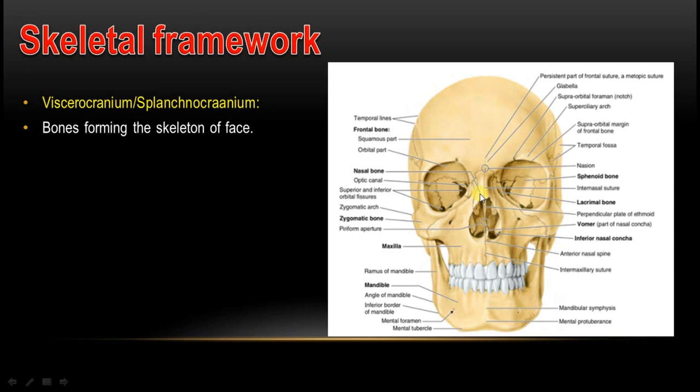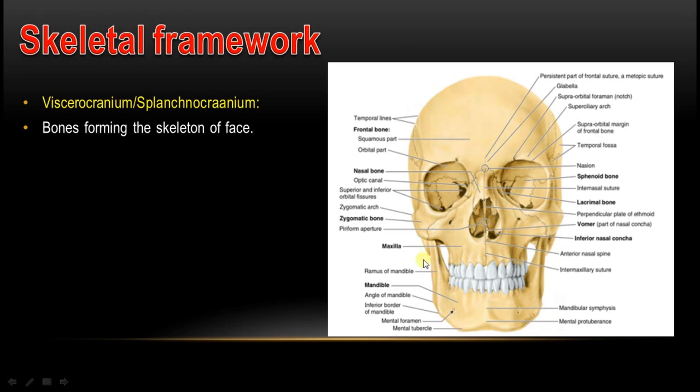Not only that, during their formation the neural crest cells are also incorporated. That is how the bones of the face, and other structures like your tongue, tonsils, and structures in the neck, are mainly developed from the branchial apparatus, where neural crest cells are also incorporated.